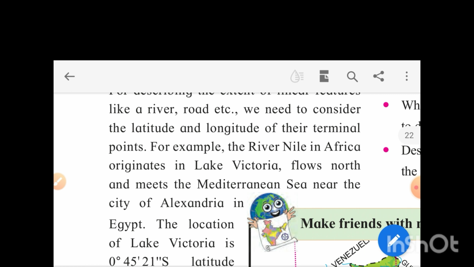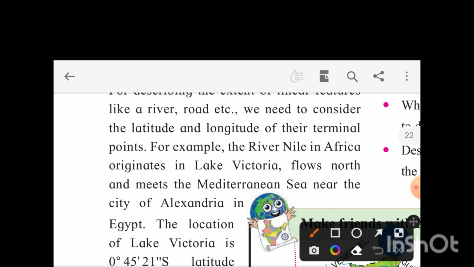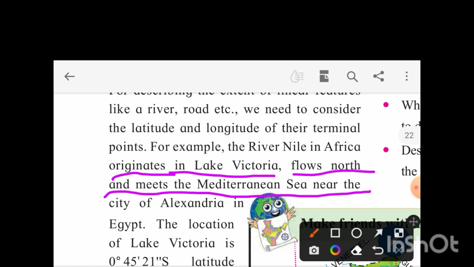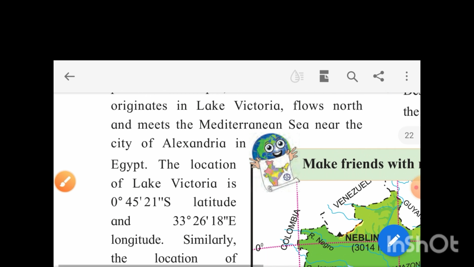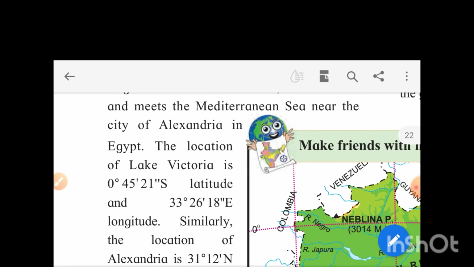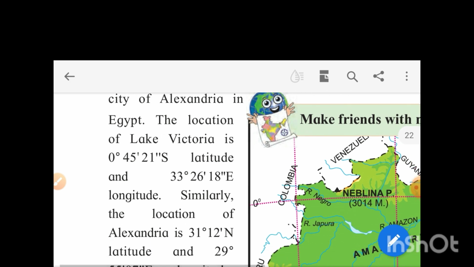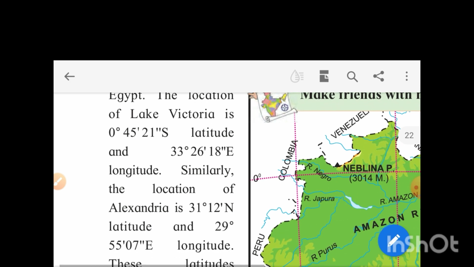It originates in Lake Victoria and flows north to meet the Mediterranean Sea near the city of Alexandria in Egypt. The location of Lake Victoria is 0 degree 45 minutes 21 seconds south latitude and 33 degree 26 minutes 18 seconds east longitude.